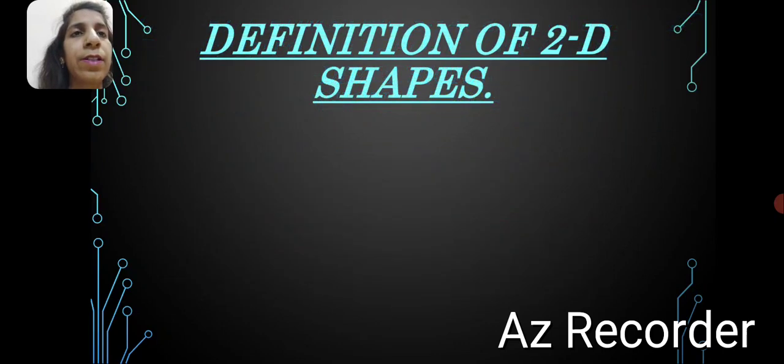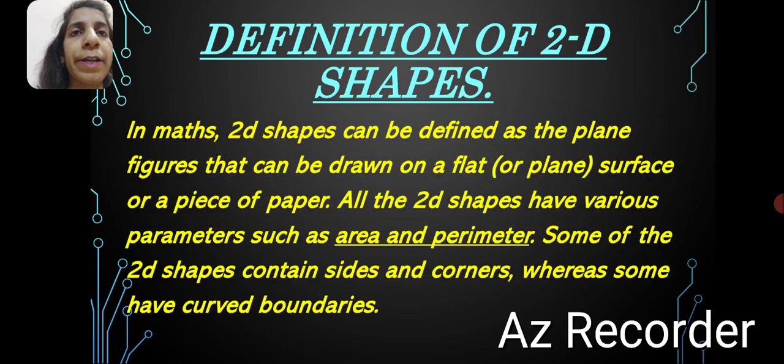Next, what is the definition of a 2D or two-dimensional shape? In maths, 2D shapes can be defined as plane figures that can be drawn on a flat or plane surface or a piece of paper. All the 2D shapes have two parameters, only area and perimeter.